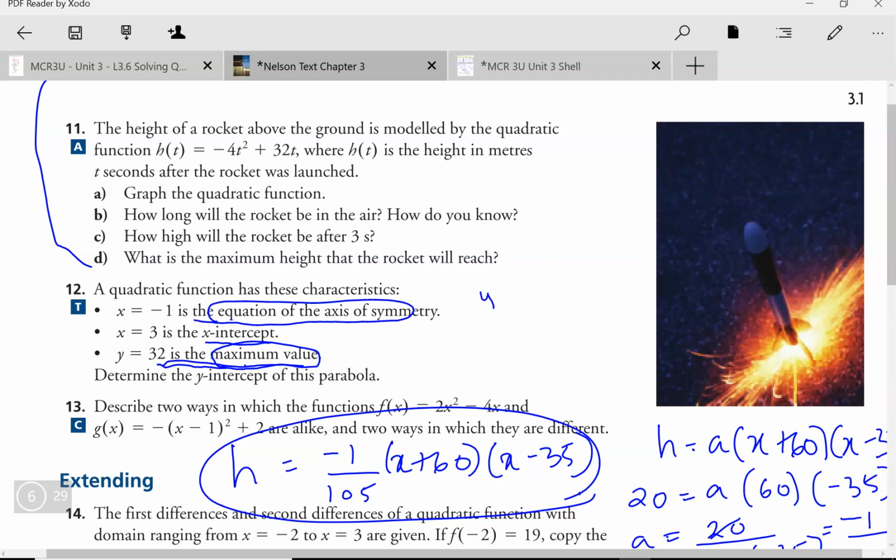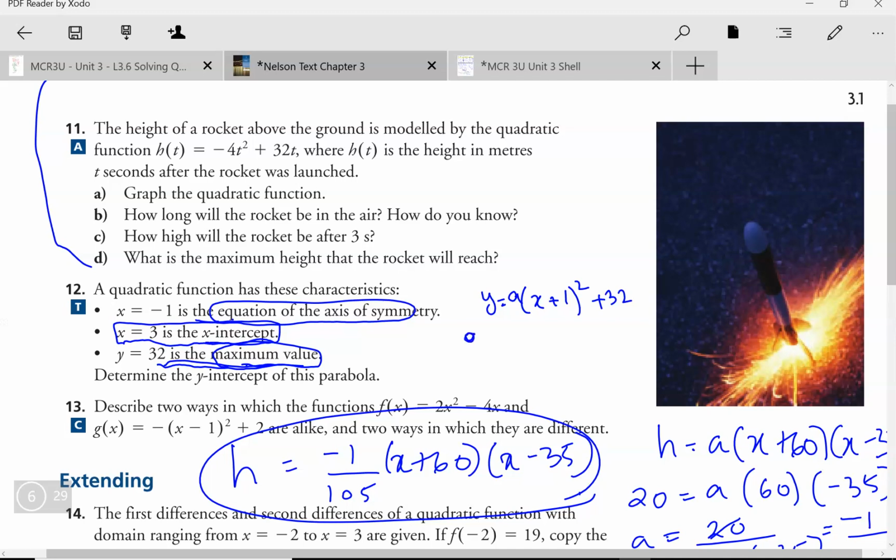So right away I can write something that looks like a times (x plus 1) squared plus 32. I do know that my a value is negative because I have a maximum value, so it has to be downward facing, but I don't know what exactly the value is. But I do have an x-intercept here. So when x equals 3, y equals 0.